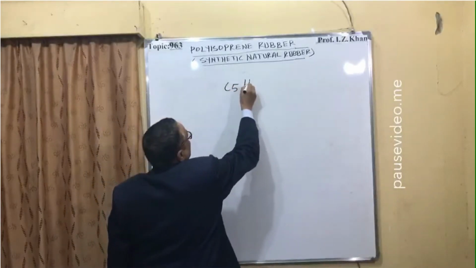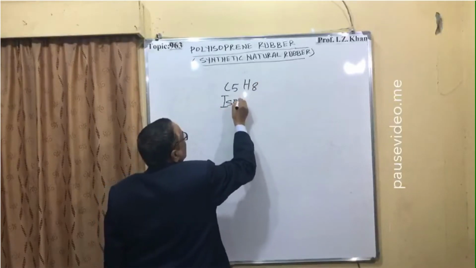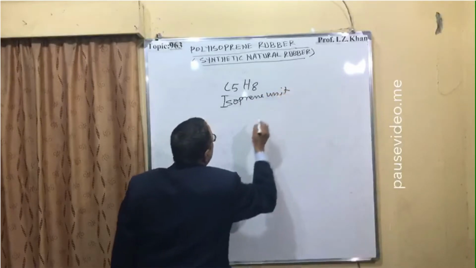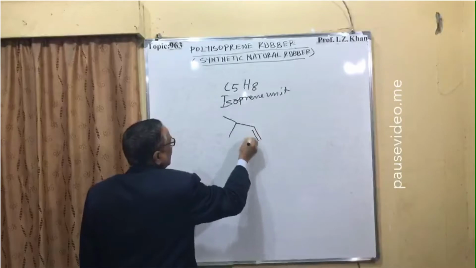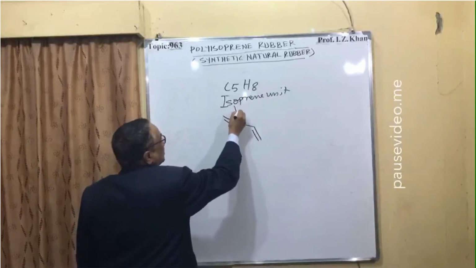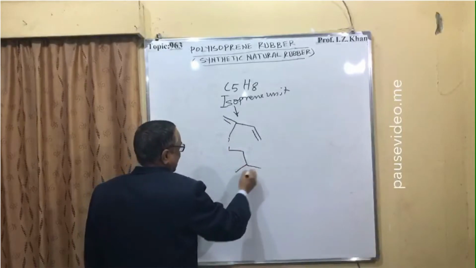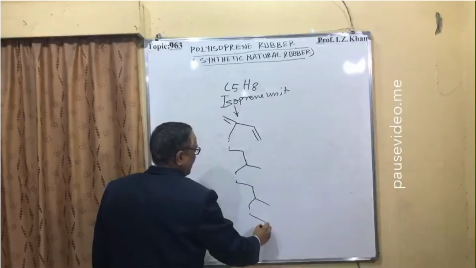C5H8, that is called isoprene. And this is your isoprene unit, that is C5H8. So it will be joining like this, then it will be joining like this, and then like this.